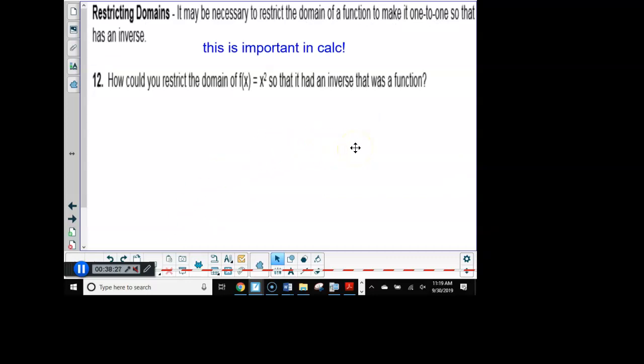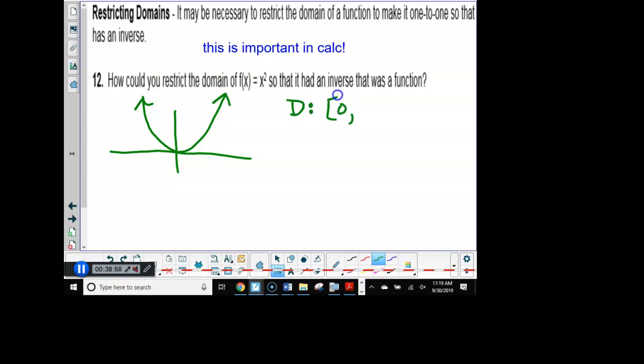All right, we got 3 more minutes, so I'm going to talk real quick about this idea of restricting a domain. The normal parabola y equals x squared, f of x equals x squared. Is this going to have an inverse function? But how could I restrict it so that it did? Yes, I could say the domain I want is only like 0 to infinity, right? So I cut off this half.